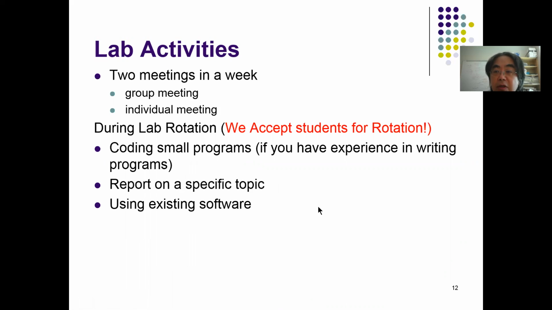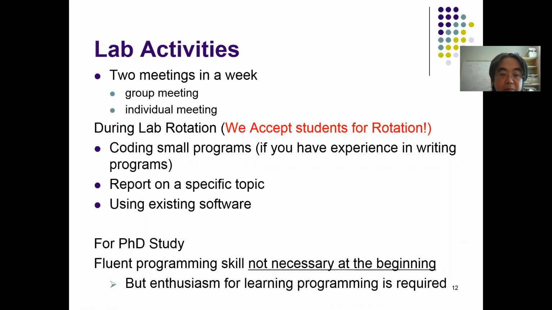So you don't necessarily need to be able to write a program to do the rotation. If you join our lab as a permanent lab assignment, then you would need to write some programs. But at the very beginning, you don't necessarily need to be able to write code, because you will learn it in maybe a few months.